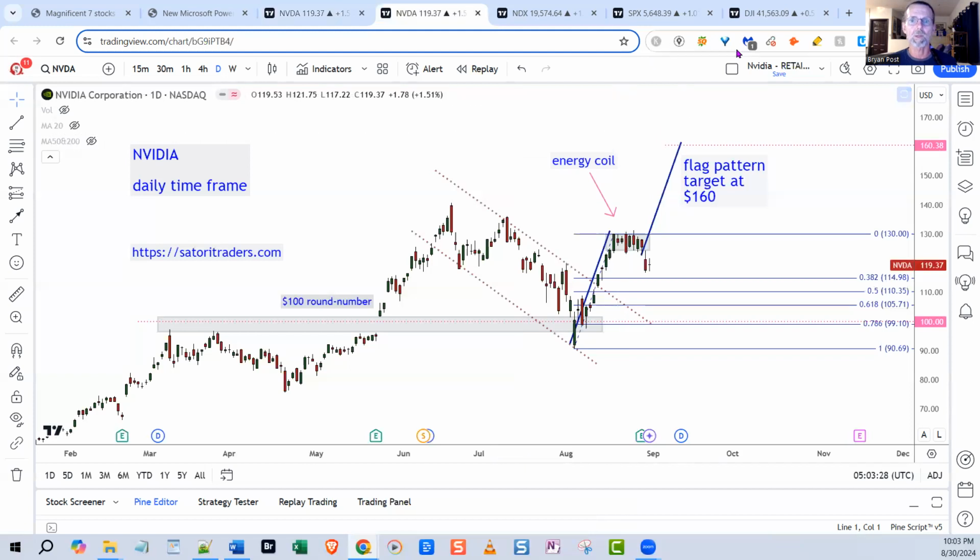He looked at the markets in terms of market geometry, which is support and resistance areas, trend lines, channels, energy coils. That's how he would have described this price action here, as an energy coil.